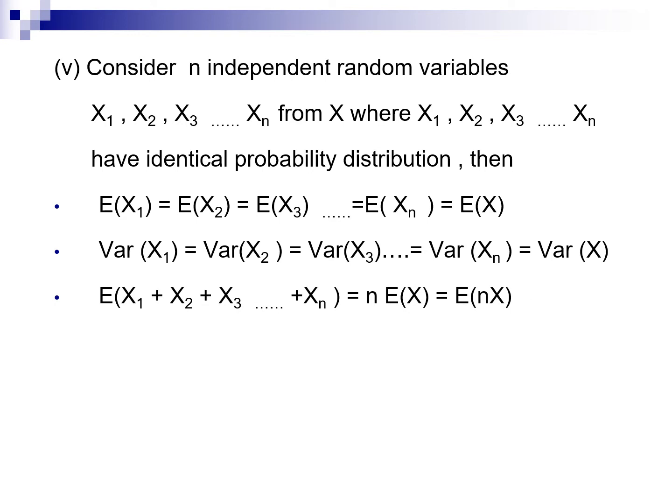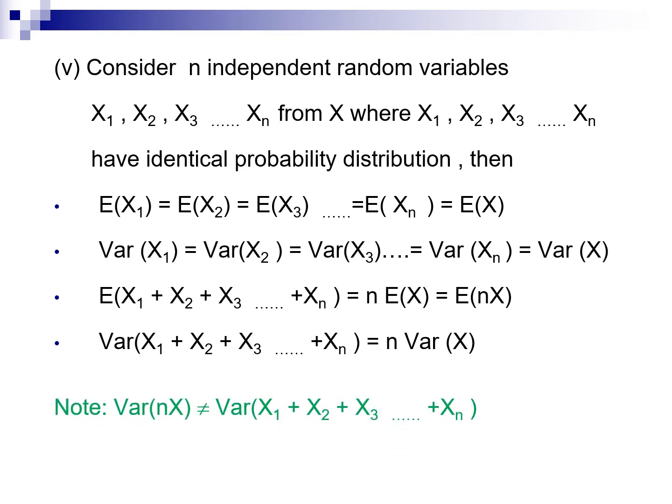But the expected value of x1 plus x2 plus x3 until xn, since we have n independent variables, is the same as n multiplied by the expected value of x, which is also the expected value of nx. But the variance of x1 plus x2 plus x3 until xn is just n multiplied by variance of x.